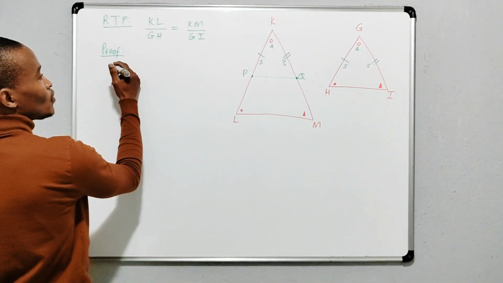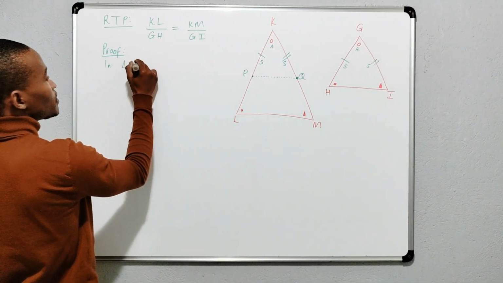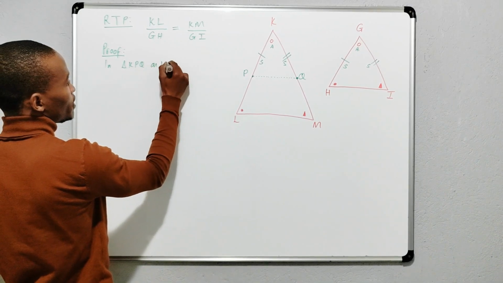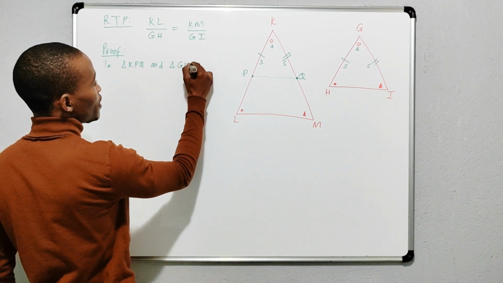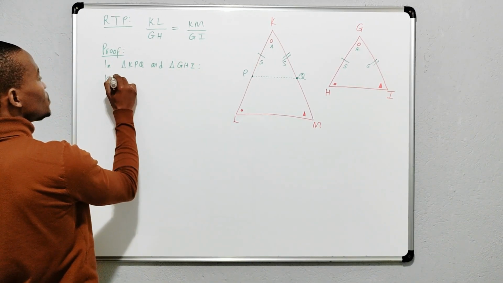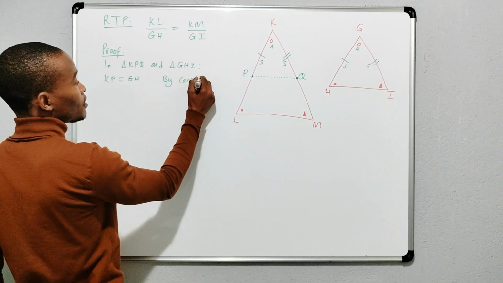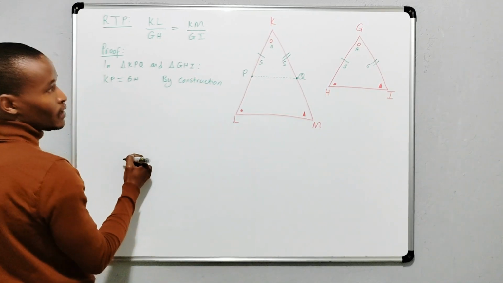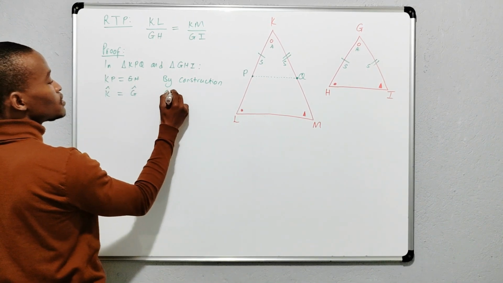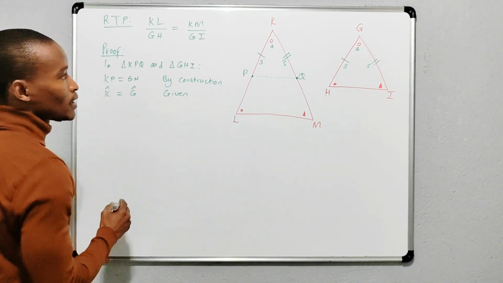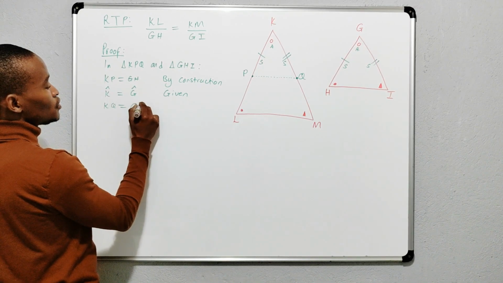So we know that in triangle KPQ and triangle GHI, what is happening? KP is equal to GH. This is by construction. Angle K is equal to angle G. This is given. And by construction, KQ is equal to GI.